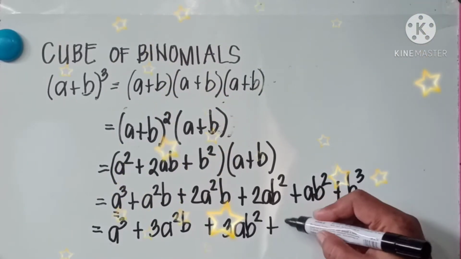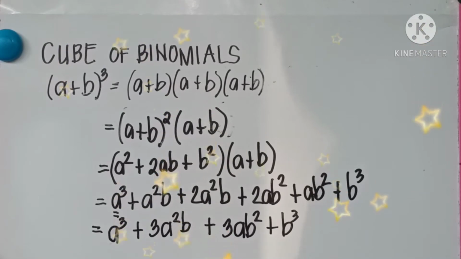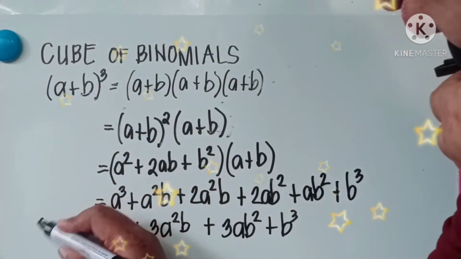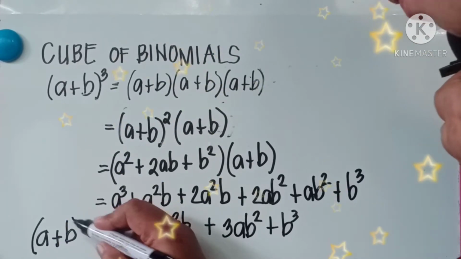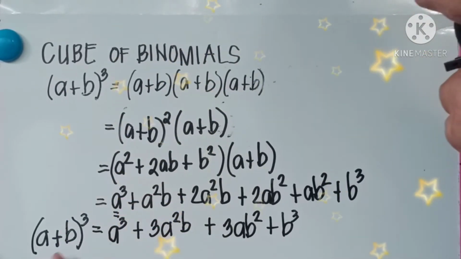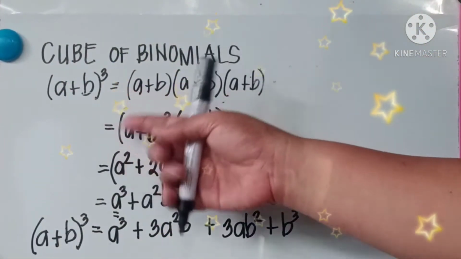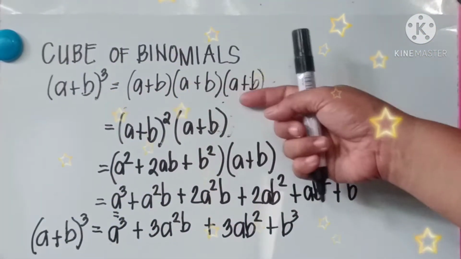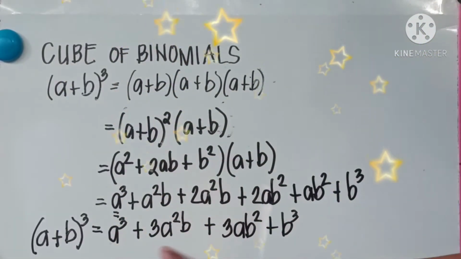Then plus b cubed. Okay, so this is now the product of the cube of the binomial a plus b. So instead of multiplying the binomial 3 times by itself, you may just use this one.